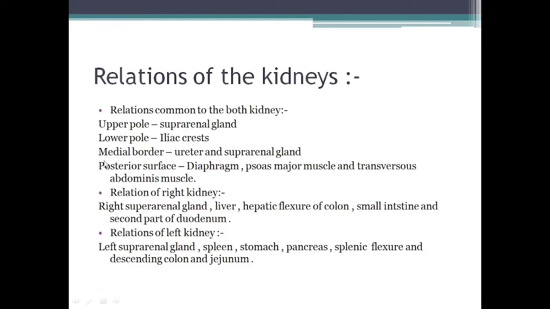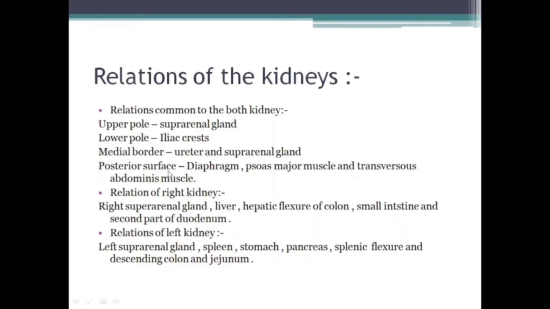So let's begin the relations of the kidneys. What are the relations of the kidneys? In this slide you can see the relations common to both kidneys: upper pole, lower pole and medial border. The upper pole relates to the suprarenal gland and the lower pole to the iliac crest. The medial border relates to the ureter and suprarenal gland.